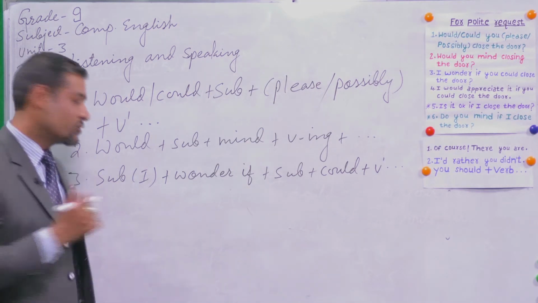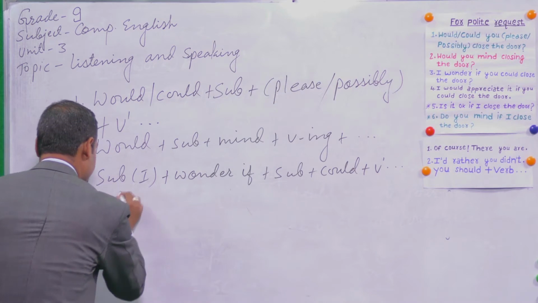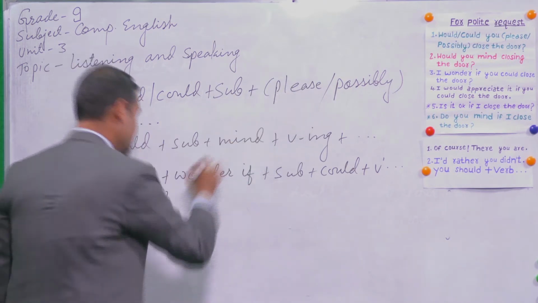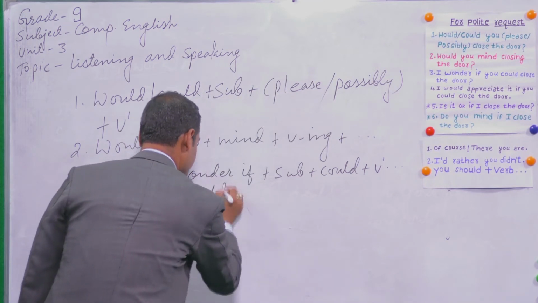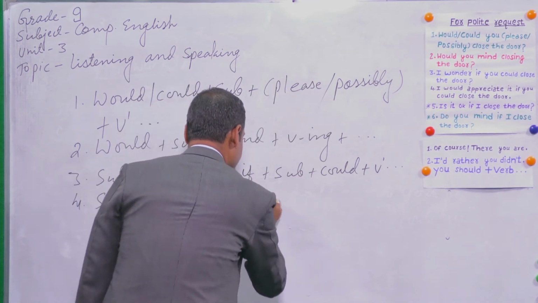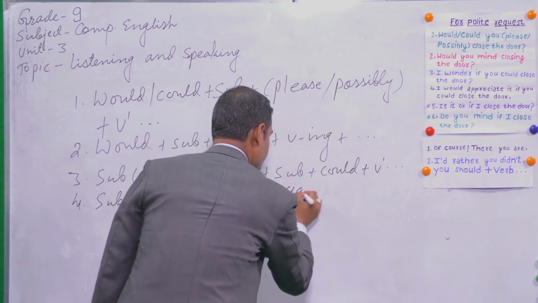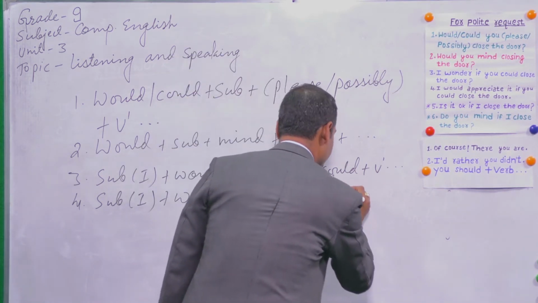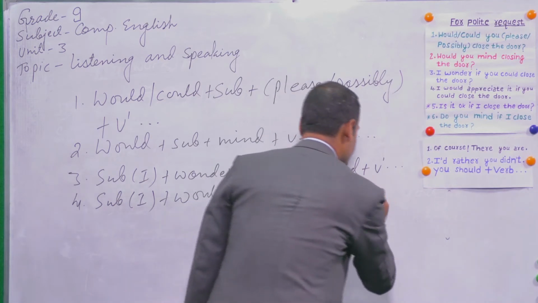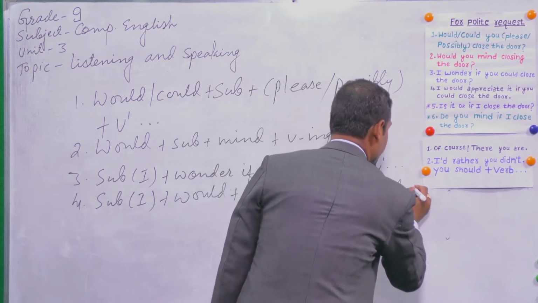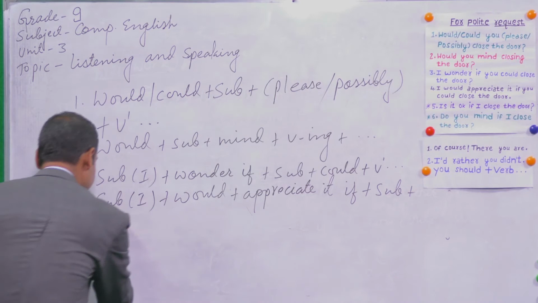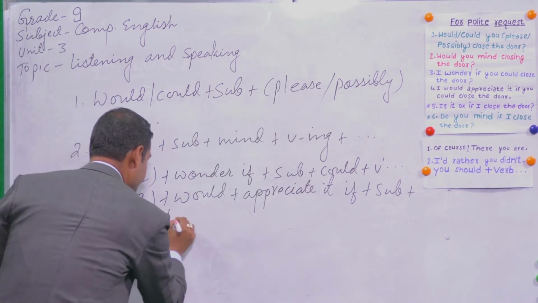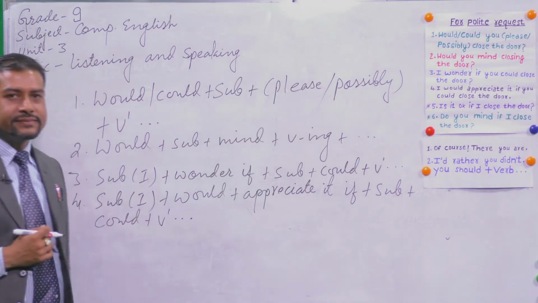I would appreciate. So you can write subject, that is, you can write down here I, plus would, plus appreciate it, if plus subject plus could plus verb 1 again, plus and so on.